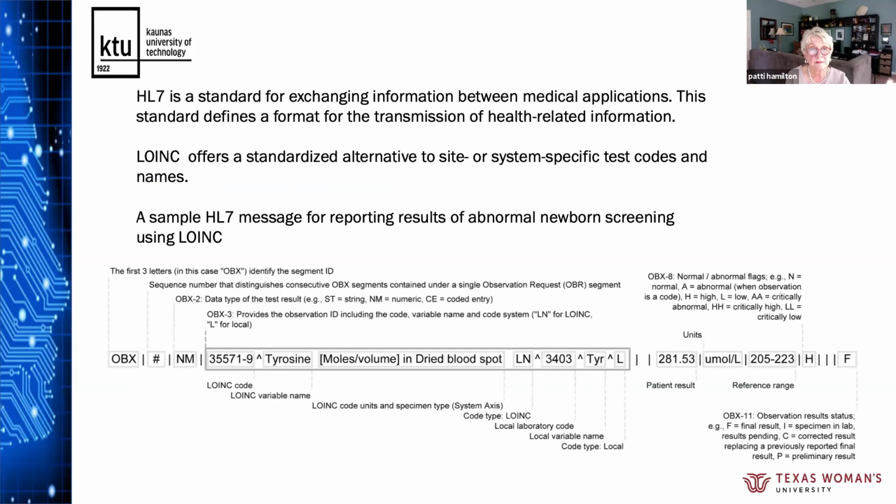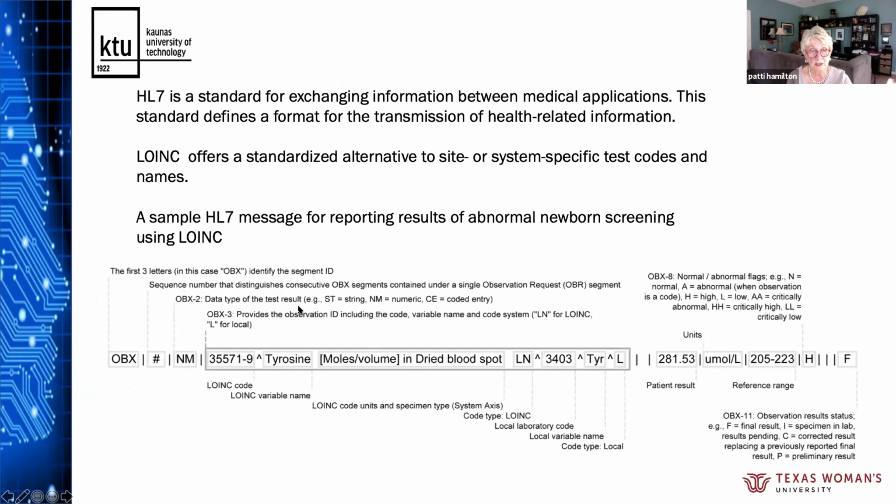Now, let's go back here to talk about the HL7. Here was an example. Sorry, it's a little bit out of order, isn't it? Where the first three letters will be expected to be these identity or ID numbers or letters.